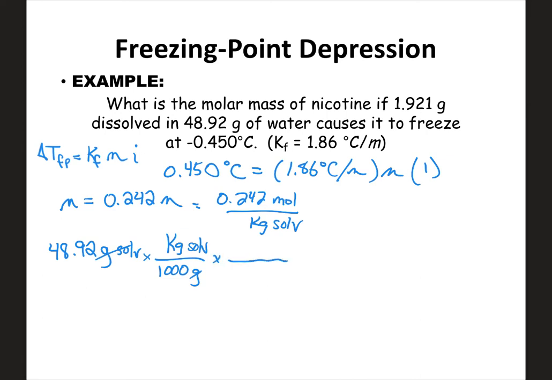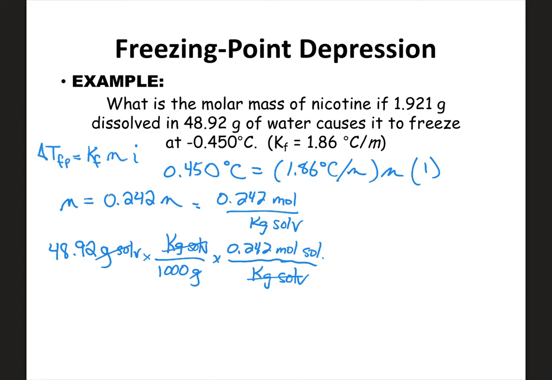And sometimes, like I said, keeping the solute and solvent straight here helps you know where you're at in the problem. So I'm going to take this molality, this 0.242 moles, remember, it's the solute on top, all over the kilogram of solvent. So your kilogram of solvent cancels, and now you've successfully gotten to moles of your solute, which is what we're trying to do.